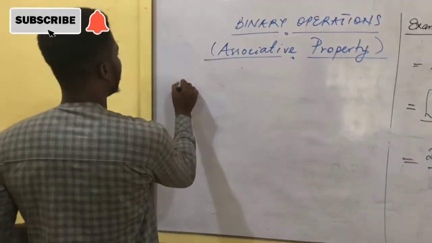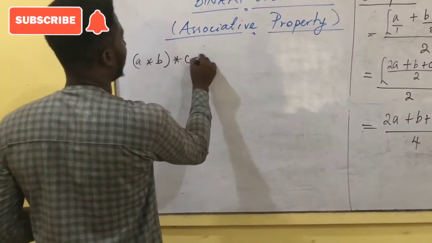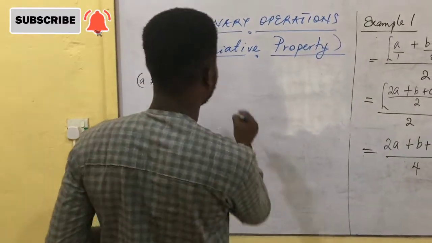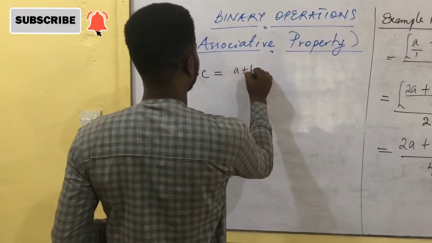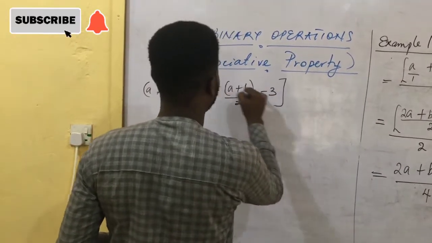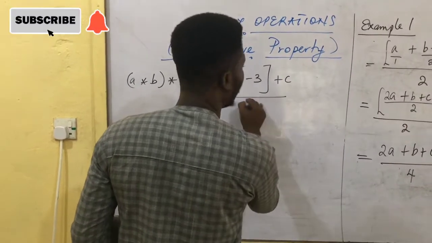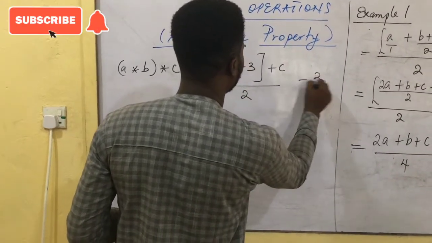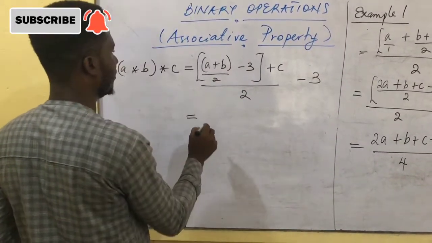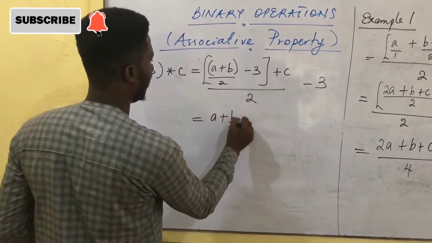Now, so for (A * B) * C, we now have our final result to be (A plus B all over 2 minus 3) plus C all over 2 minus 3, and that gives you A plus B minus 6.